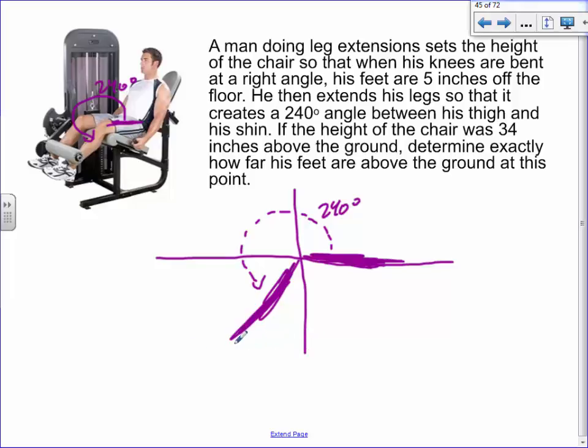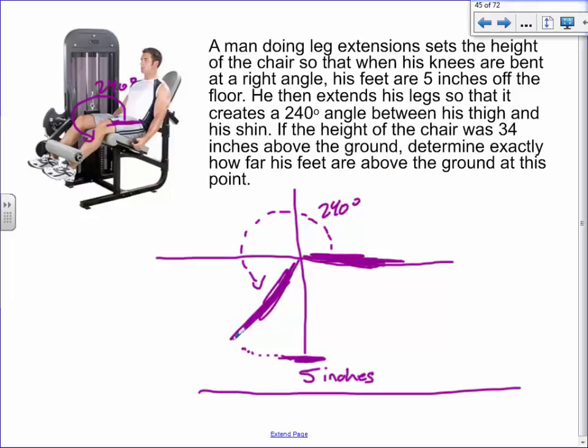So let's say that this was all the way down like that. There'd be like 5 more inches further down to the floor. You guys kind of visualize that? Isn't the 5 inches when his knees are behind him? It says he sits it so that when his knees are bent at a right angle, his feet are 5 inches off the floor.